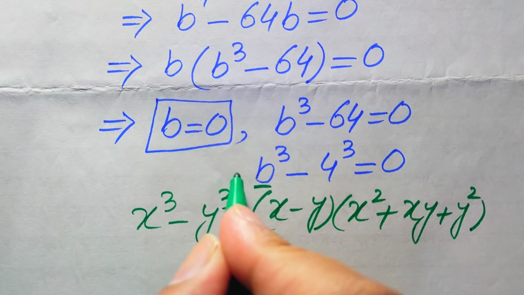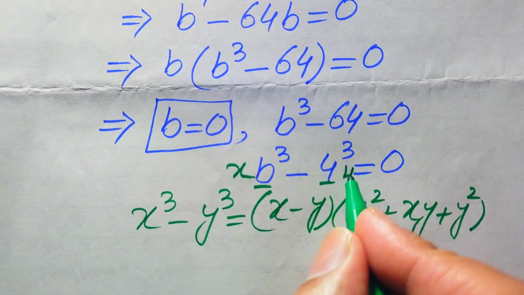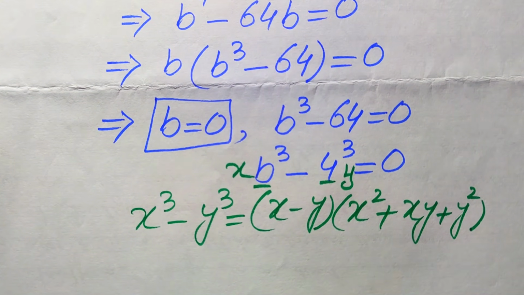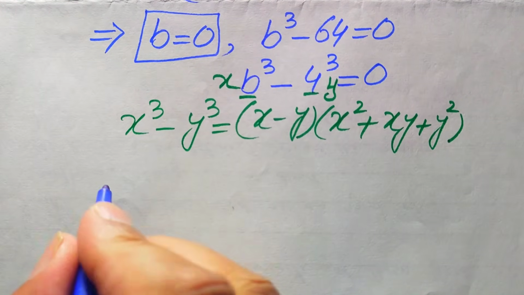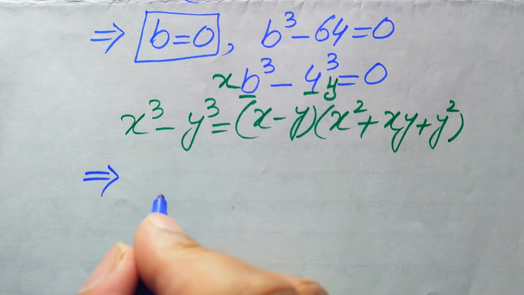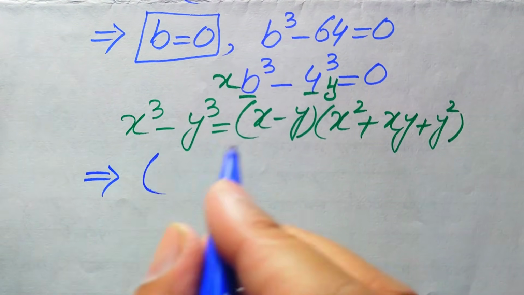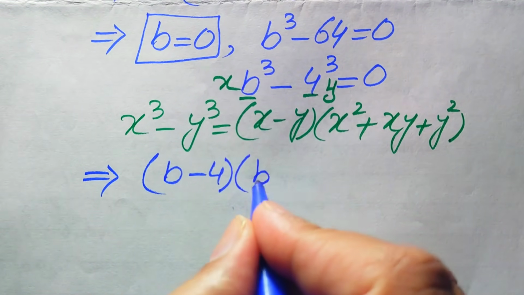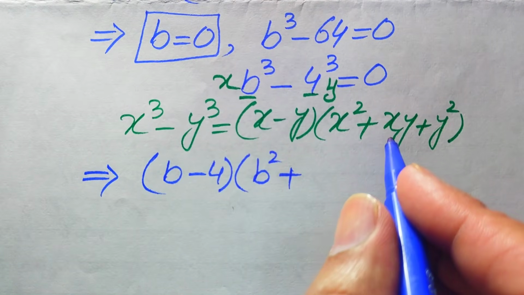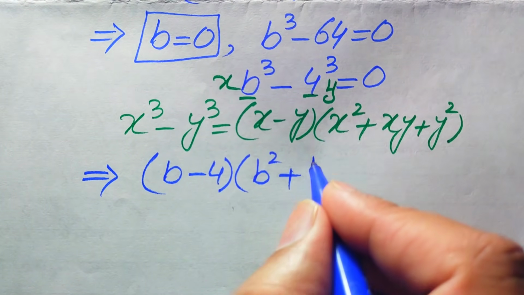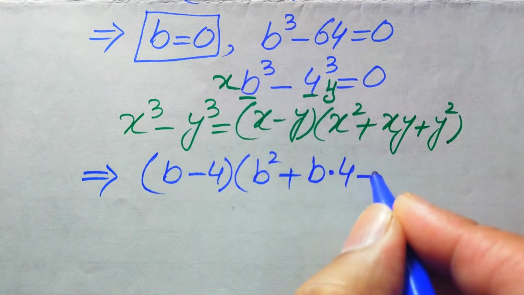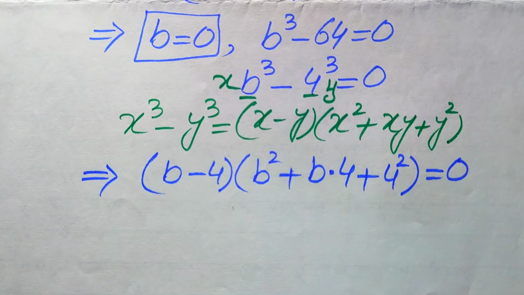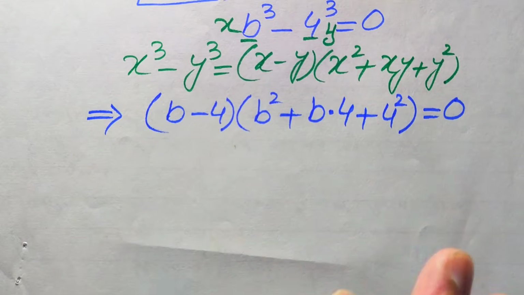You see here the base of this term is our x and the base of this term is our y. So we just need to substitute the values of x and y into the formula, and this will be written as the first factor x minus y, where x is b and y is 4, so b minus 4, times b squared plus xy, which is b times 4, plus y squared, which is 4 squared, and this equals 0.